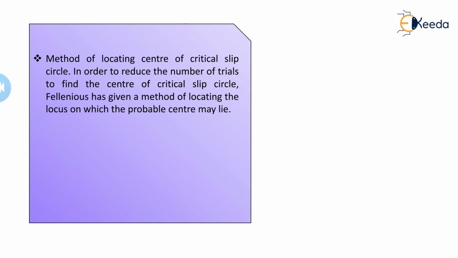So see, for the homogeneous soil, or for the homogeneous section, the C-phi soil, the center of a critical slip circle lies on a line PQ, in which the point Q has its coordinates h downwards from the toe and 4.5h horizontally away.